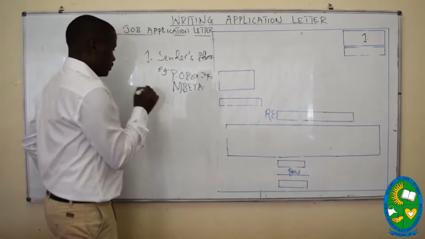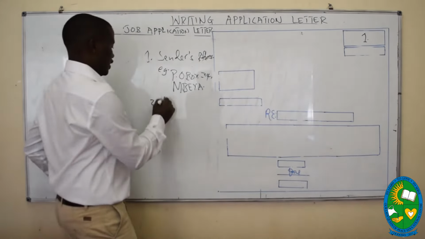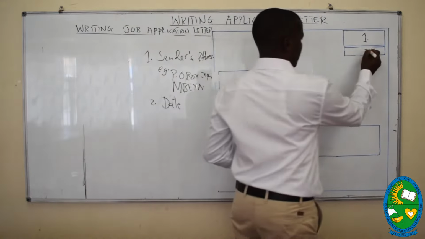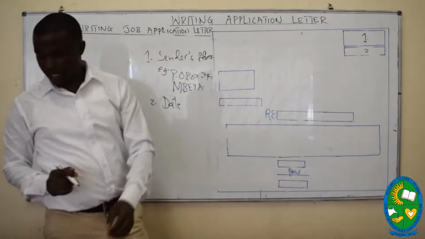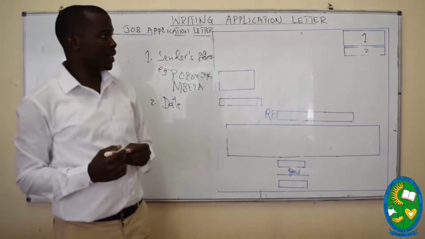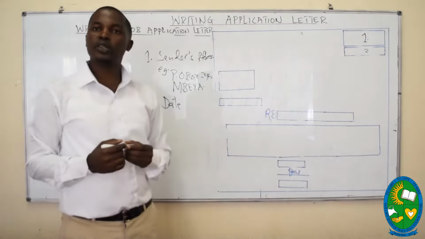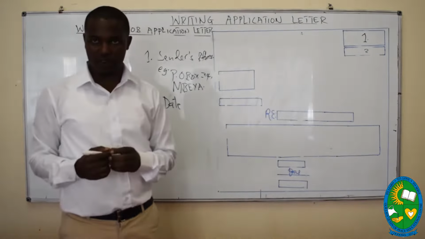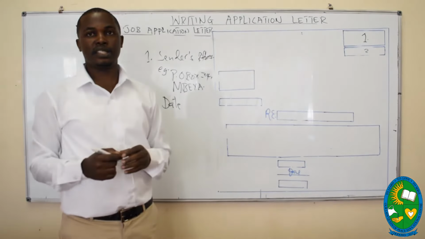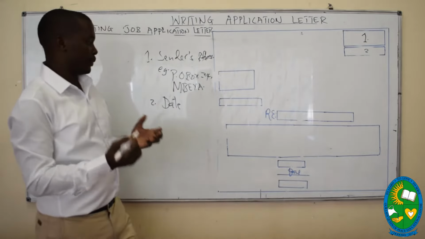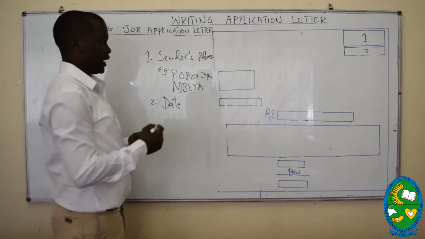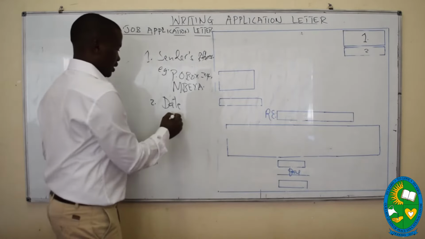The second part, or the second element, is the date. The date is normally written below the sender's address. And we have different formats of writing it, but I would prefer my students to use this format of writing a date.